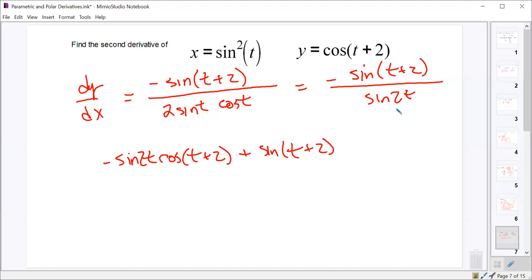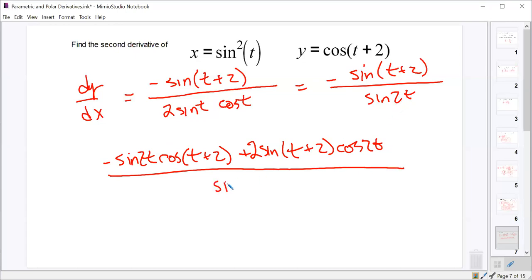And the derivative of sine 2t is 2 cosine 2t, all over sine of 2t squared. And then we have to divide that by dx/dt, which we already know is 2 sine t cosine t, or sine 2t. So really this becomes sine of 2t cubed.